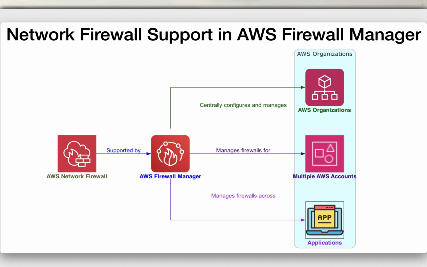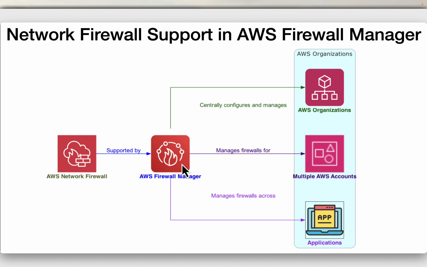Okay, Network Firewall support in AWS Firewall Manager. So, Network Firewall is supported by AWS Firewall Manager. There is a product called AWS Firewall Manager, which is like a bigger product. So this product, Network Firewall, which we are discussing, is also supported under Firewall Manager.